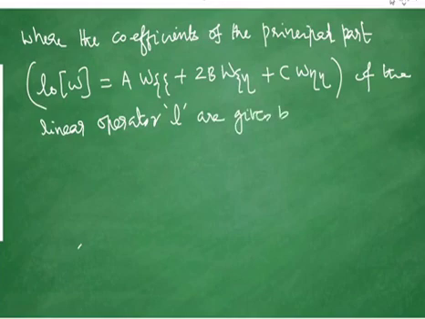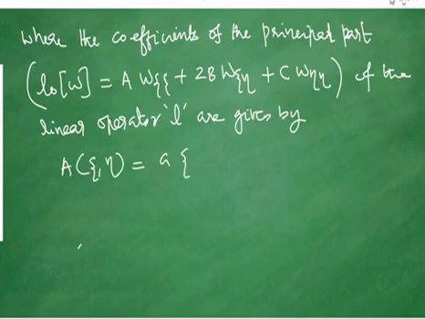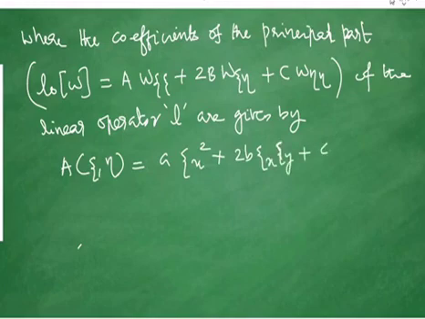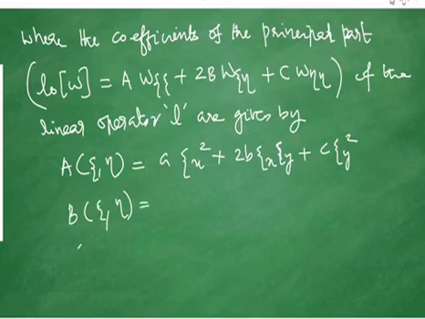Okay, so the coefficients are, we have to write it as A of theta eta. What is A of theta eta? A theta x square plus 2b theta x theta y plus c into theta y square. Now B of theta eta. What is B of theta eta?